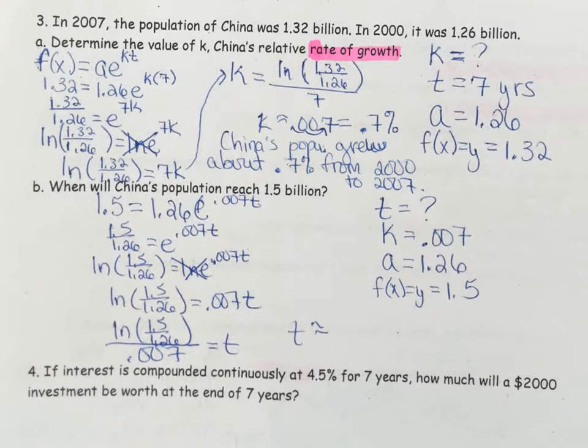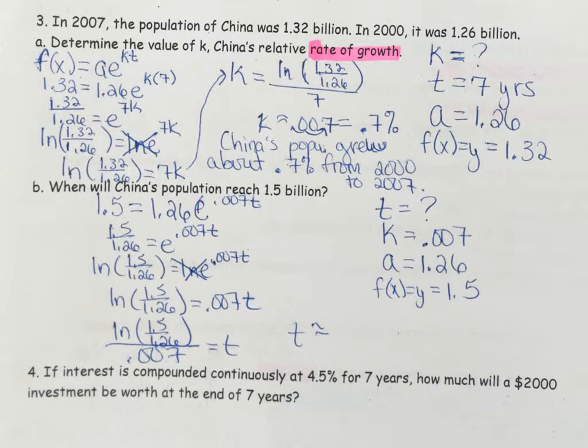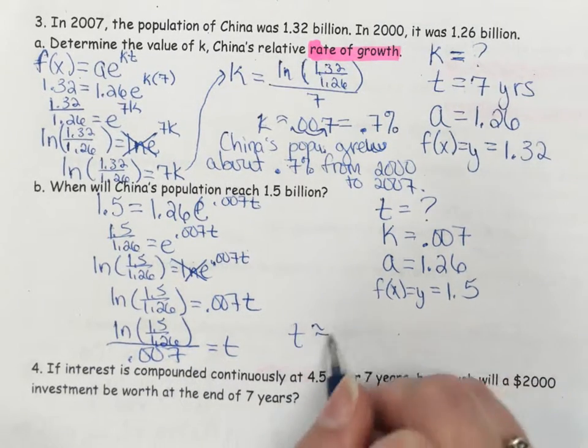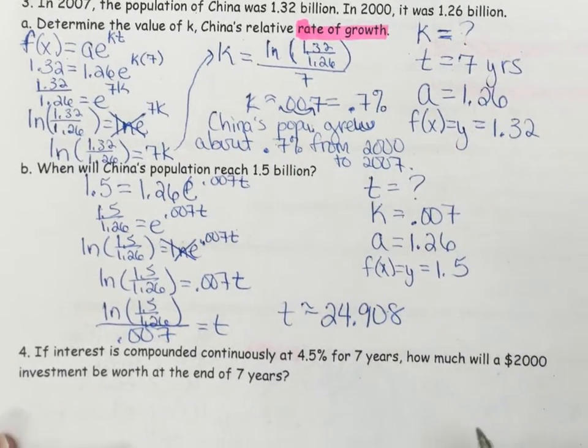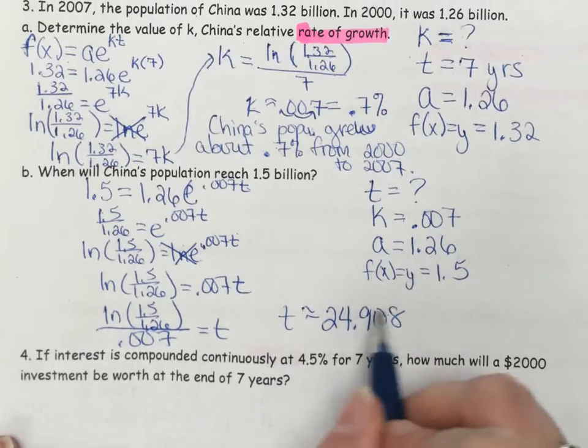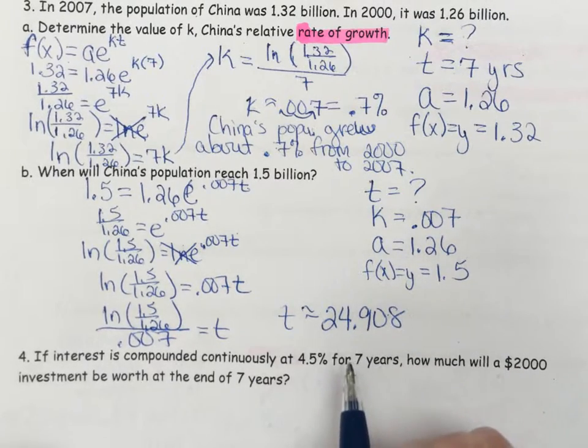So how long is your time before you reach it? 24.91 years. So 25 years. 24.908 is what I got. Yep. Do 3 decimals, unless you're talking about money.